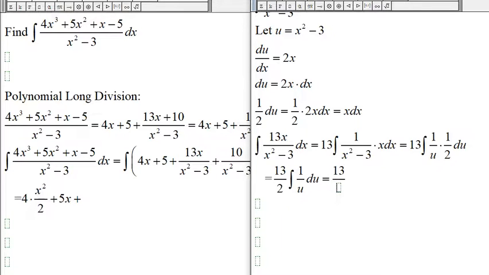But the antiderivative of 1 over u is the natural log of u. And then u is x^2 - 3.